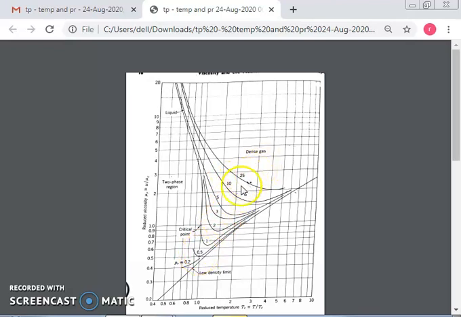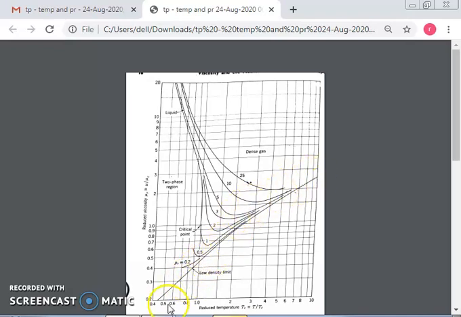We can see that the curve for the pressure is decreasing in this direction, and it is saying that as the pressure approaches zero at a given temperature, the viscosity of a gas approaches a definite limit. This limit is called the low density limit.